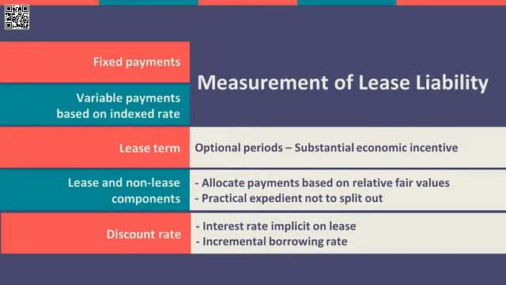And if it is difficult to ascertain the interest rate implicit in the lease, then we are, again, as a simplification to the process, allowed to use the entity's incremental borrowing rate. So if you're ever doing a question and they don't tell you what the interest rate implicit in the lease is, but they do tell you at what rate the company can borrow money, then that is the rate that we use when measuring the lease liability.